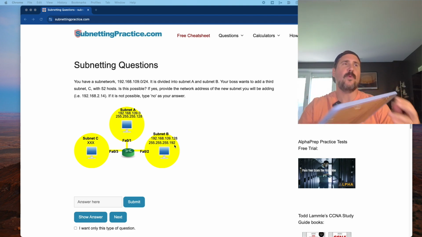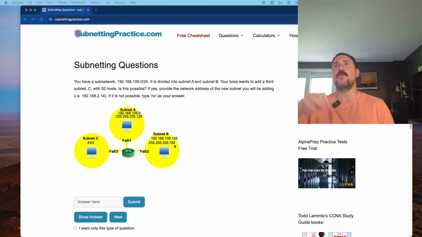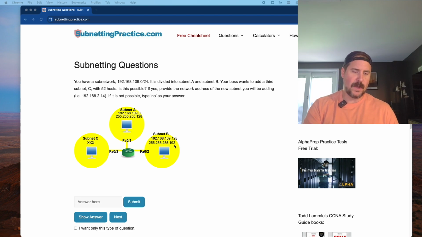And then the question becomes, is the remaining space available enough to fit the 52 hosts we want for subnet C? And I think the answer is going to be yes. So first of all, let's figure out what this goes to. 128 plus 64 is 192.